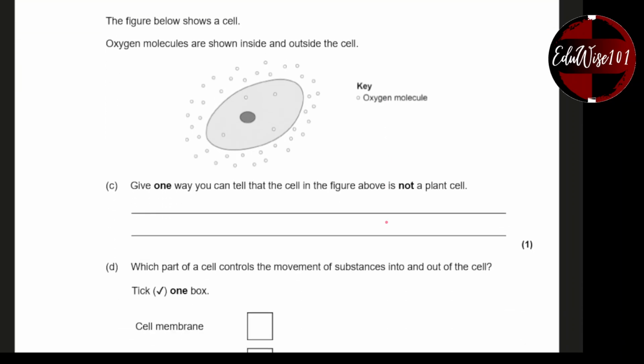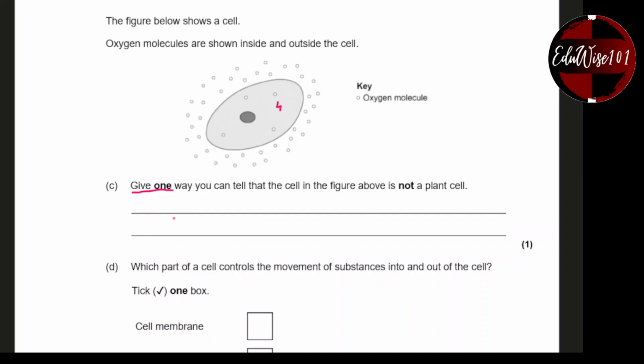The figure below shows a cell. Oxygen molecules are shown inside and outside the cell. So you can see there's only 4 molecules of oxygen, and there's a lot of oxygen molecules on the outside. Give one way you can tell that the cell in figure 4 is not a plant cell.